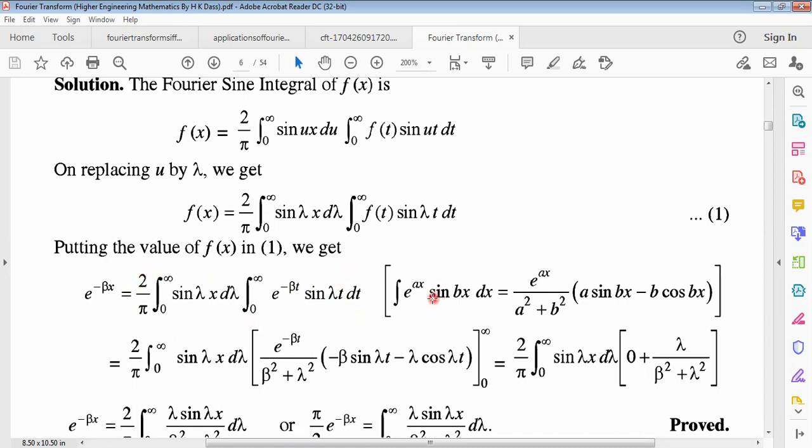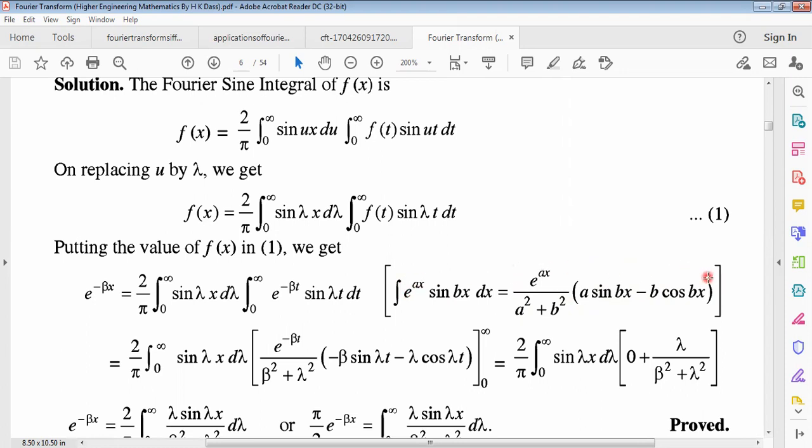Now remember the indefinite integral of e to the power ax sine bx dx. This is the formula for finding these types of indefinite integrals, a product of two functions: one is an exponential function and another is a sine function. So the integral of e to the power ax into sine bx is e to the power ax divided by a square plus b square, times a sine bx minus b cos bx.